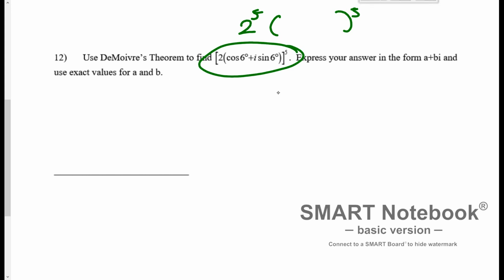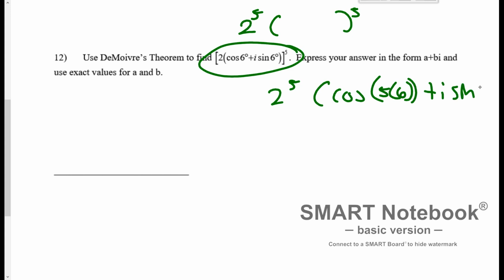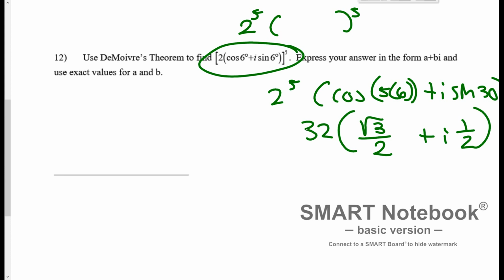So it's 2 to the 5th, then just cosine of 5 times 6 degrees plus I sine of that same answer. So that'd be 30. So then what's cosine of 30? That's root 3 over 2 plus I times 1/2. And 2 to the 5th is 32. So we multiply that, we get 16 root 3 plus 16I. Okay, so that's pretty easy just using that theorem.